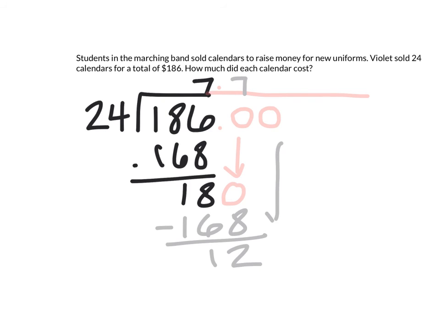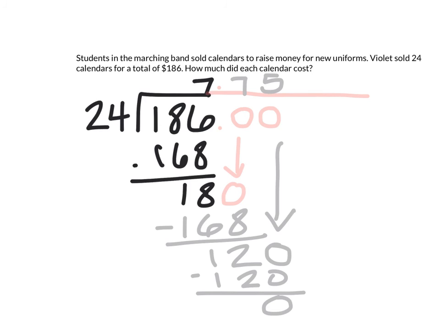If I bring down my extra 0, then I am now trying to find equal groups of 24 in 120. And I know, just from calculating this out, that there are 5 groups. 5 times 24 is 120. Subtracted, and now I have a remainder of 0.